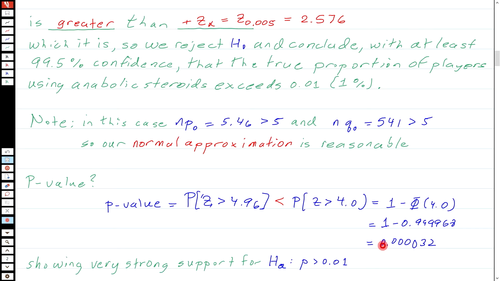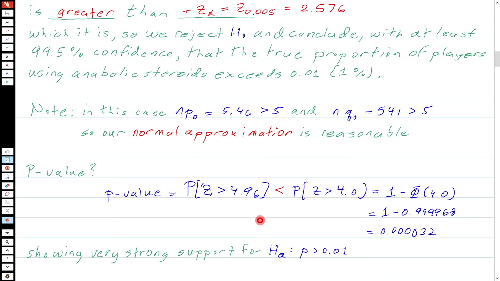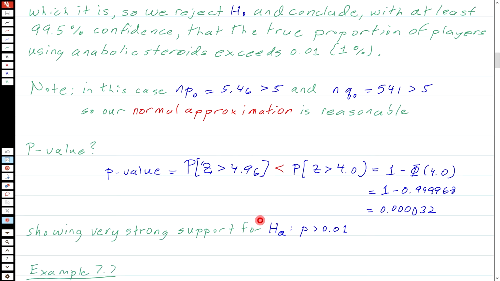So our p-value is going to be less than this number here. I would guess it'd be 0.00002 or 1 or something like that. But basically, because this is so small, it shows very strong support for the alternative that p is actually greater than 1%. In other words, we are very sure that the official claim is incorrect.